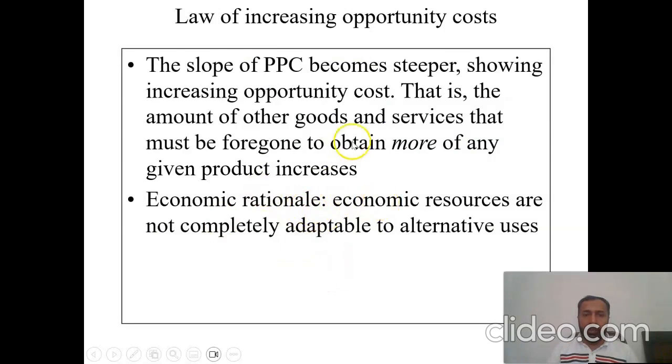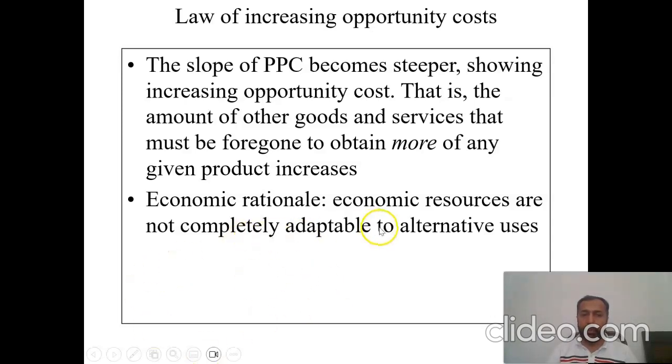As for the economic reason for increasing opportunity cost, its economic rationale is that economic resources are not completely adaptable to alternative uses. If resources are suitable for the production of movies, we do not employ them in the production of computers.